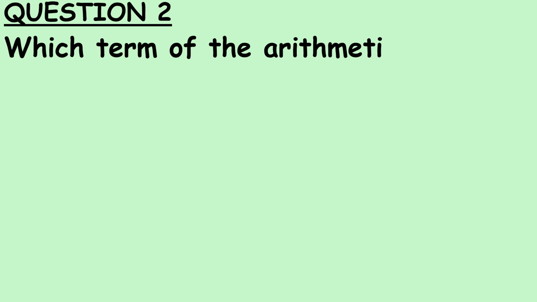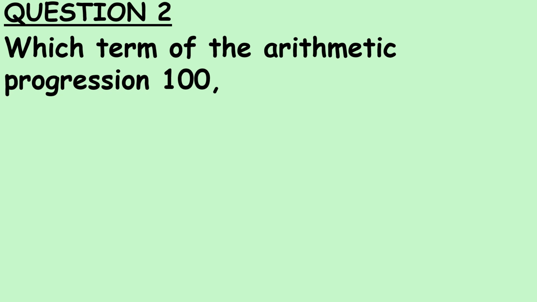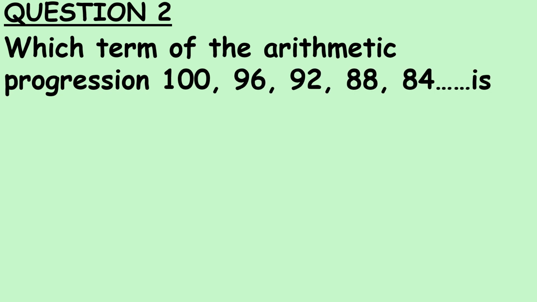Now let's go to another question. The question says, which term of the arithmetic progression 100, 96, 92, 88, 84, and so on is 0?